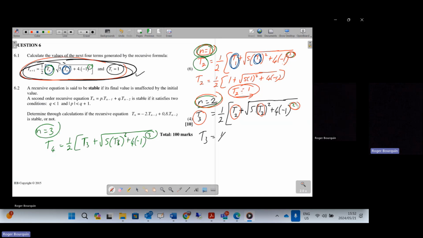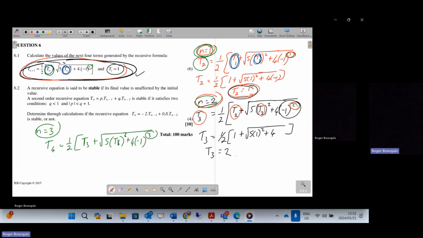I know that term 2 is 1, so I replace term 2 with 1, plus the square root of 5 times 1 squared plus 4, negative 1 squared is 1, so plus 4. So I get 5 plus 4 is 9, 3 plus 1 is 4, a half times 4, and I should end up with term 3 is equal to 2.